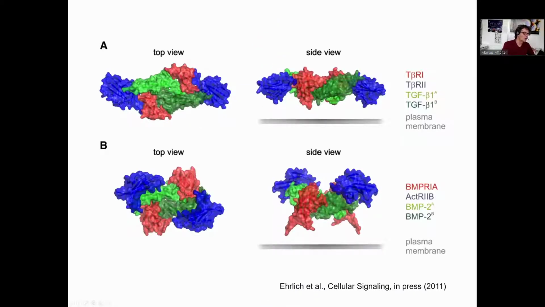Again, maybe some structures. This is TGF-beta 1 in light green, the two monomers here. This is the ligand. This is what I showed, this thing. And when you look at where the type 2 and type 1 receptors bind, the blue code here, activin receptors.